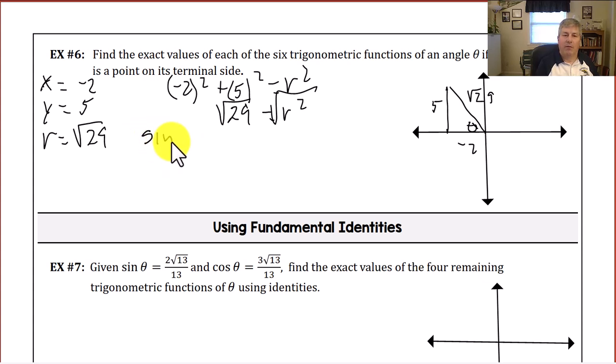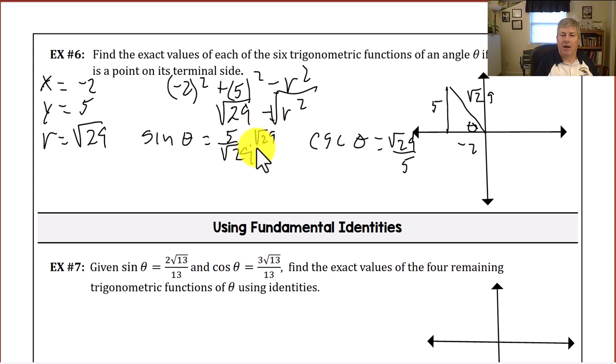So the sine of theta is equal to 5 over the square root of 29, which means our cosecant of theta equals the square root of 29 over 5. Now we can rationalize this, and we get sine of theta equals 5 square root of 29 over 29.